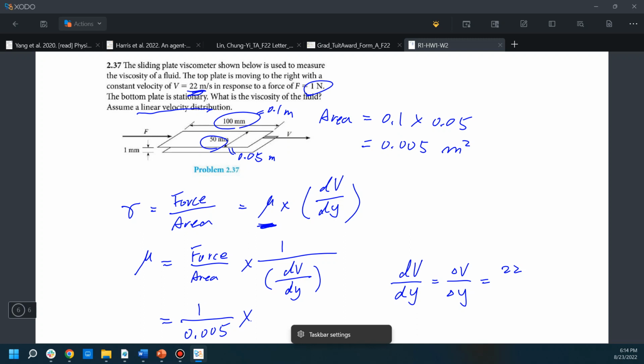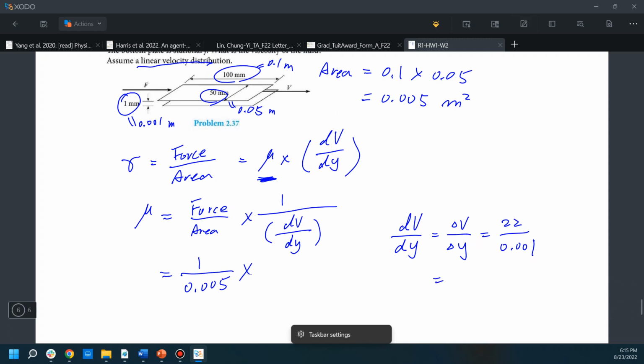So the difference is 22 over the gap between these two plates, which is 1 millimeter. That is 0.001 meter. Okay, so we have 22 divided by 0.001.